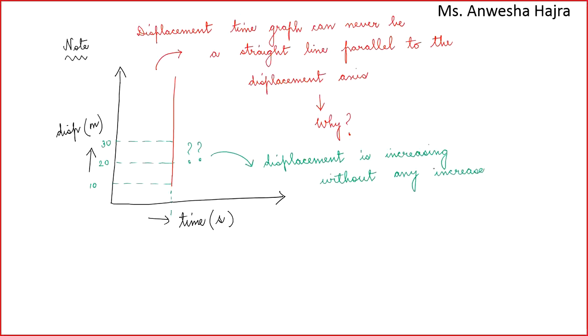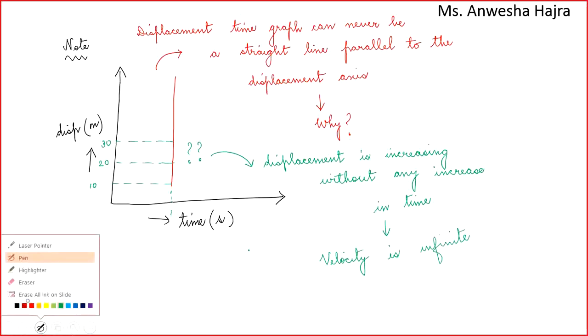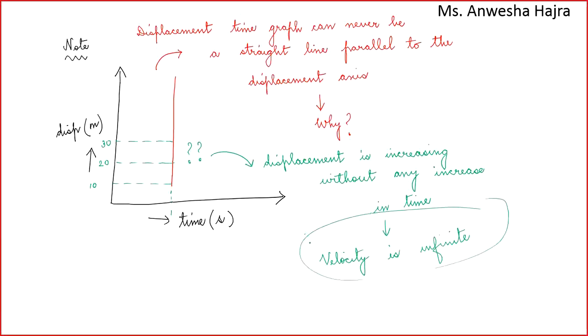This type of graph tells us that a body is having infinite velocity. Velocity is infinite, which is not possible. So this type of graph, children, is not possible. This is absurd. So this type of graph is wrong.